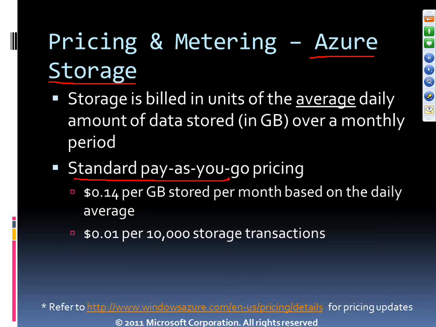You can choose the best one that suits your requirement. Azure storage charging is in two ways: one is for the data that you store, and second is the number of transactions that happen on your storage. So there are two components when it comes to billing for Azure storage.